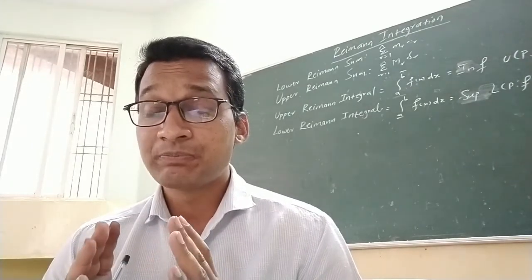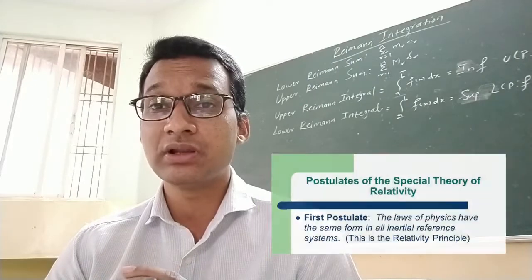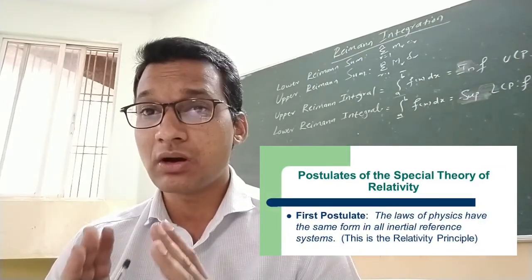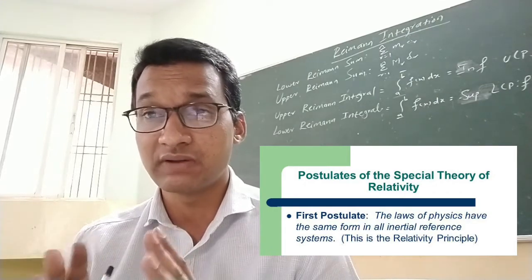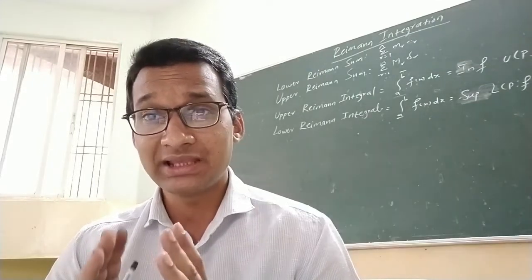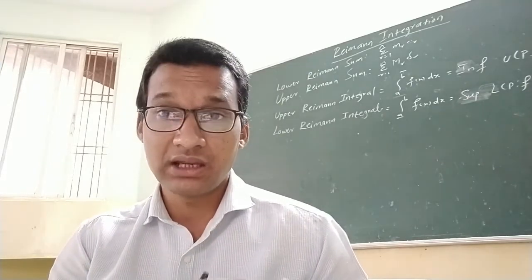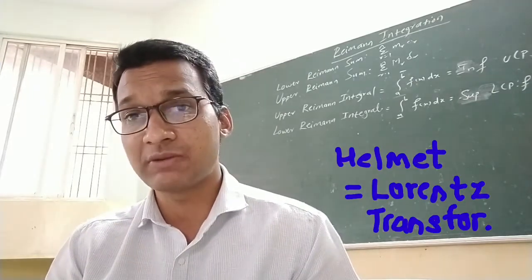It is a principle, the first principle of relativity, that all the physical laws are same in all the inertial frames of reference. So like the helmet, under certain conditions it is going to save our life, and under certain conditions it is going to be our problem.